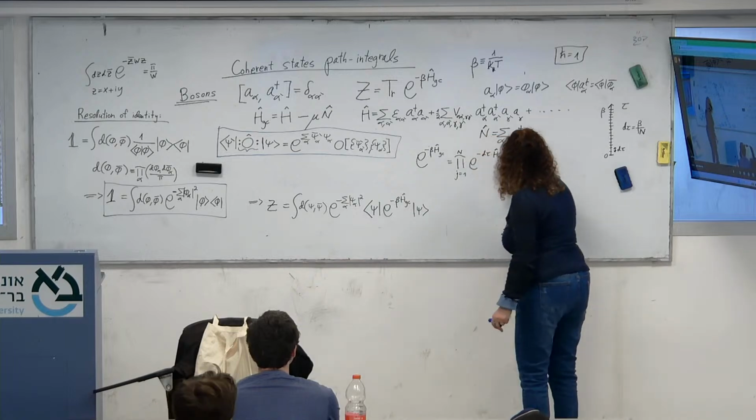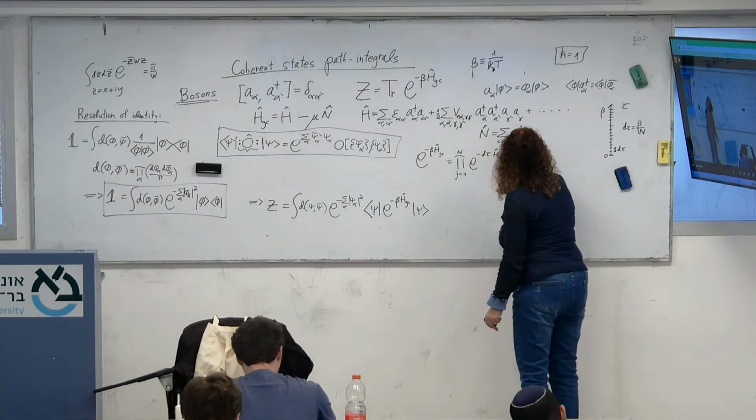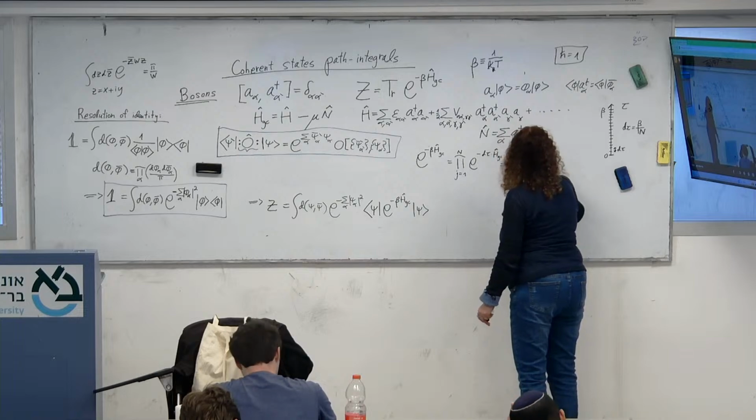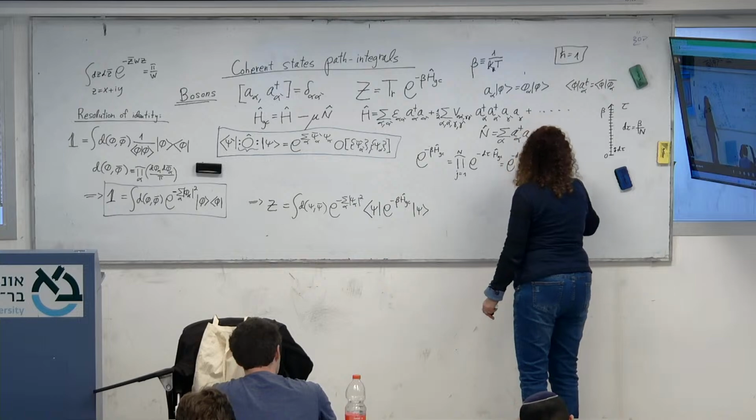So this is e to the minus d tau h gc once, then I have a product of many terms.